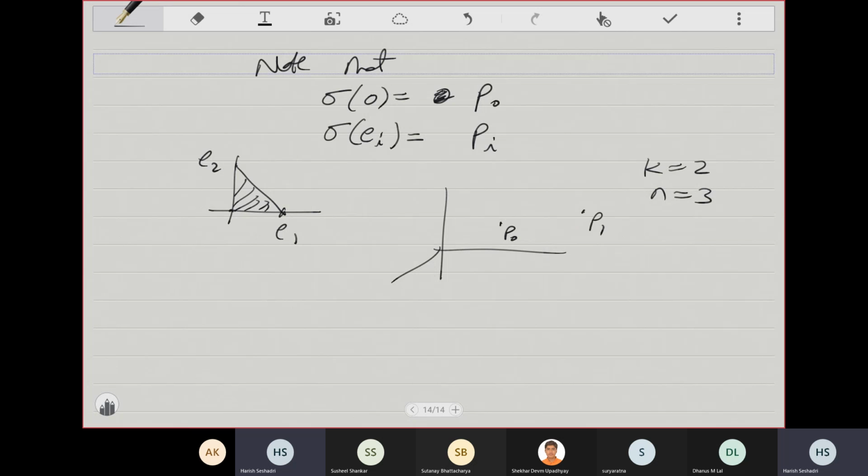Let us say P1, P2. e1 will go to P1, e2 to P2. So in fact, one can check that this triangle will just get mapped to this triangle here with vertices P0, P1, and P2. That's a simple explanation of this. One has to, of course, check that. You first have to define a triangle here in R3 and then just check that this triangle goes to this triangle.